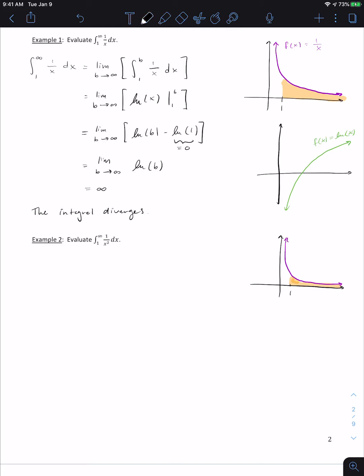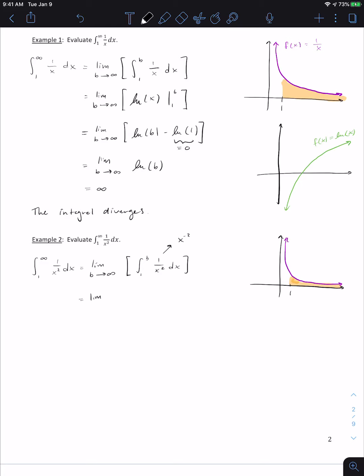Okay, so the integral from 1 to infinity of 1 over x squared dx is equal to, by our theorem, the limit as b goes to infinity of the integral from 1 to b of 1 over x squared dx. Remember, 1 over x squared is the same as x to the negative 2.